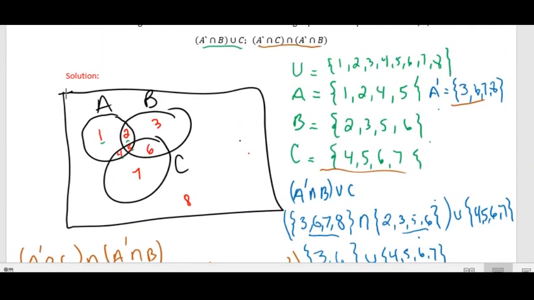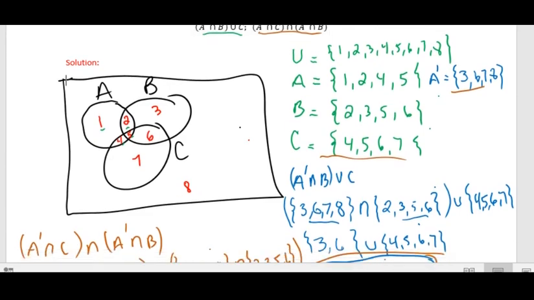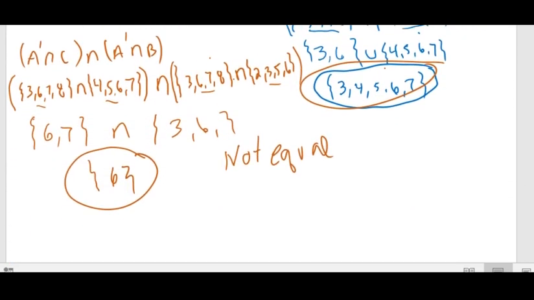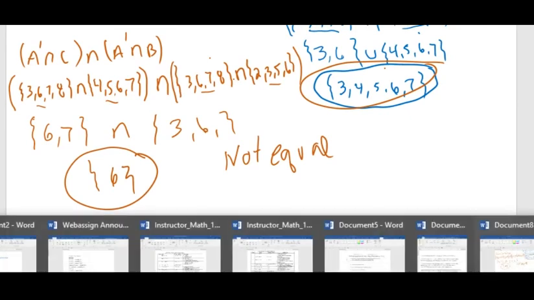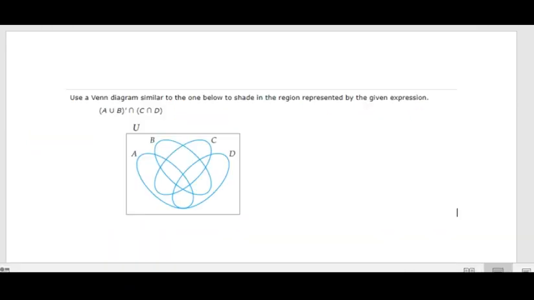So this was one way to solve this problem. Another way is that you can draw out what each of these mean, but that usually seems a little bit more complicated. So let's try another example. Here we want to use a Venn diagram to shade the region that is expressed by this right here. One of the things we can do is try to color it in by looking at it, or again, you can do what we did earlier. We can number these regions.